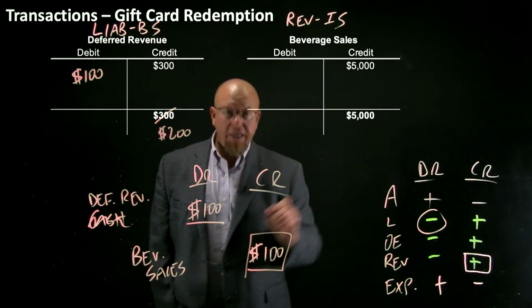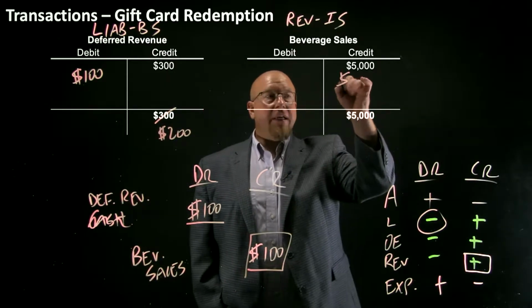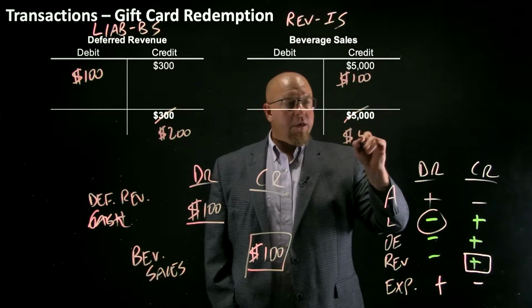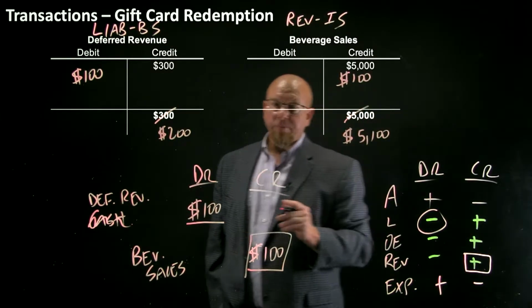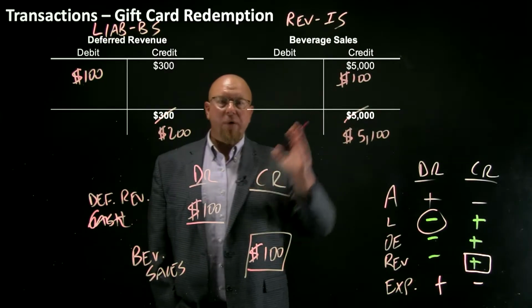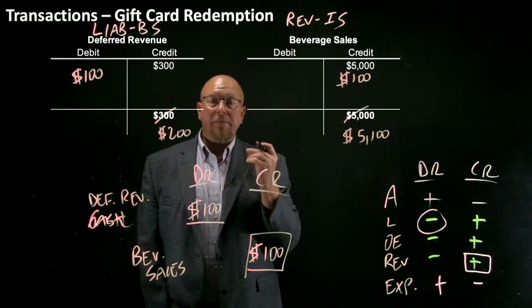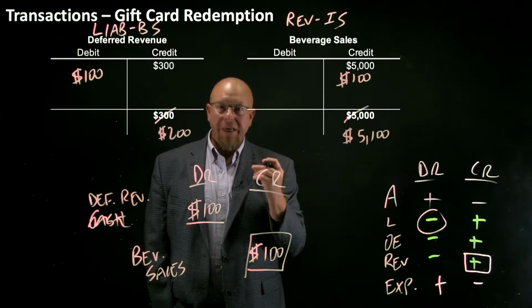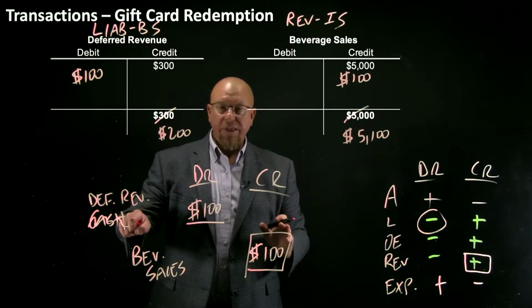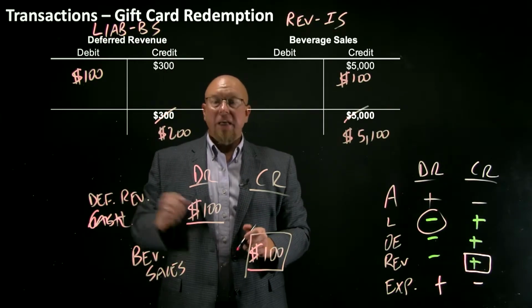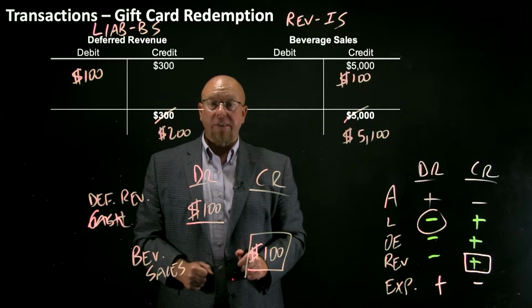And simultaneously, what's happening here is we're recording our sales, okay? Sales revenue. So this is a perfect example of recognizing revenue during a particular period when we earned it as part of our operations for that period, even though nothing affected cash. It was a non-cash account that was affected, in this case, a liability decreasing.